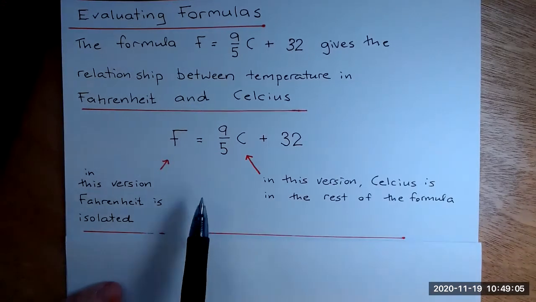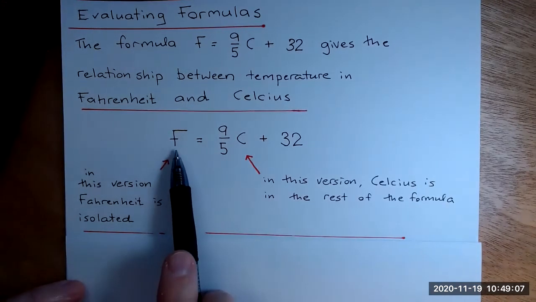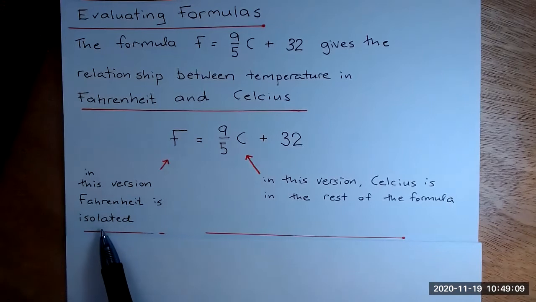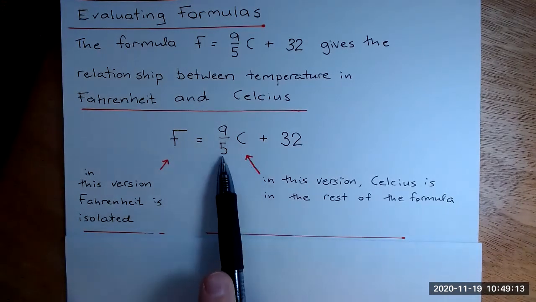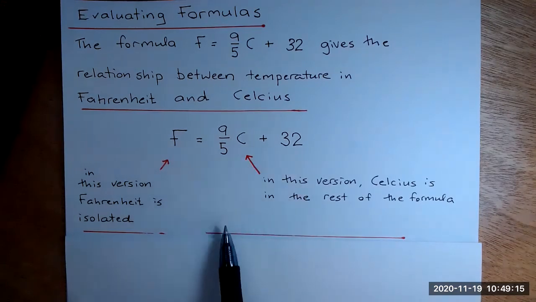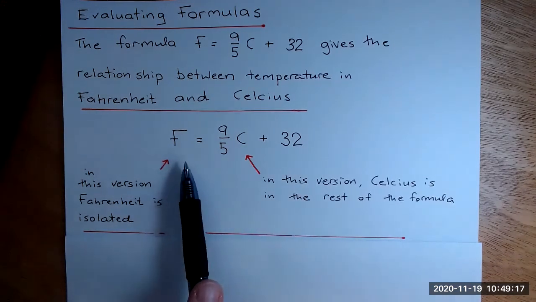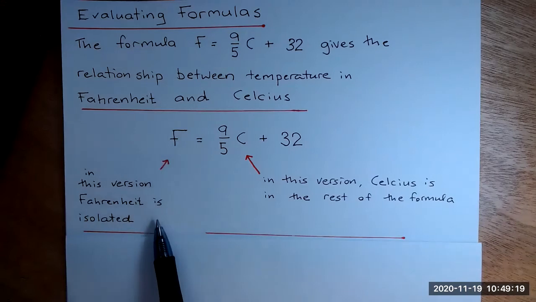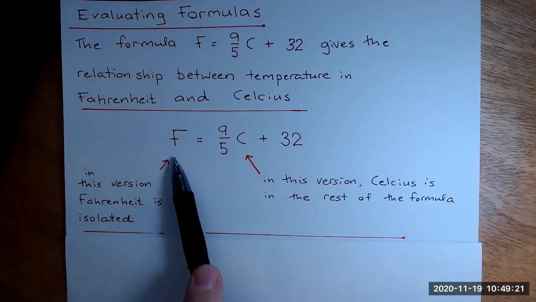Now you'll notice in this formula, F is all by itself. So you would say that Fahrenheit is isolated and Celsius is in the equation. So if it is isolated for F, you would call this solved for Fahrenheit.